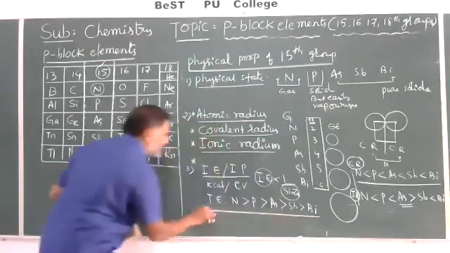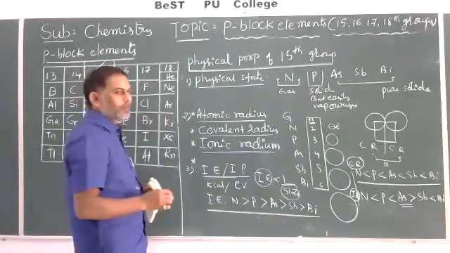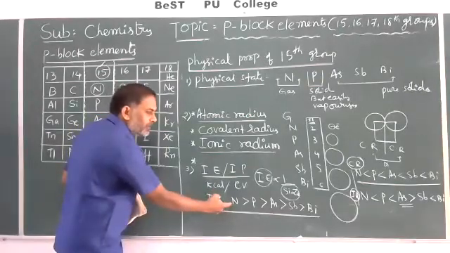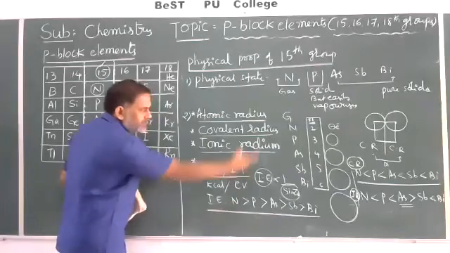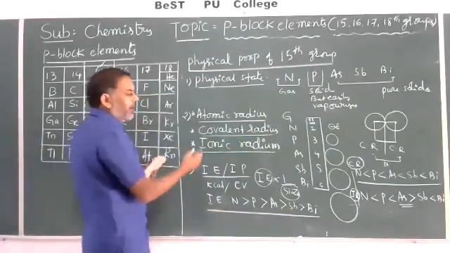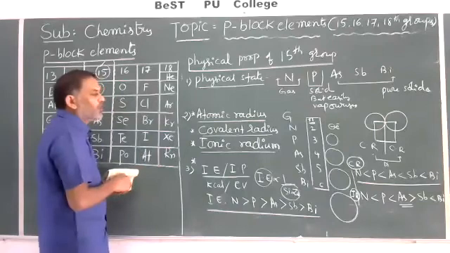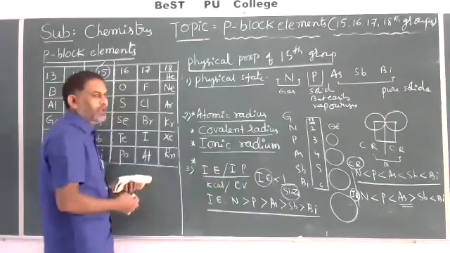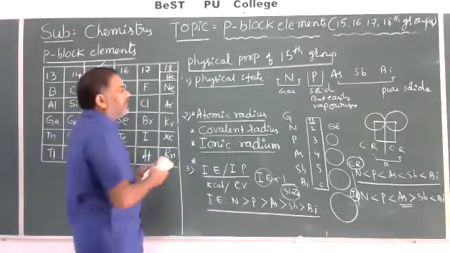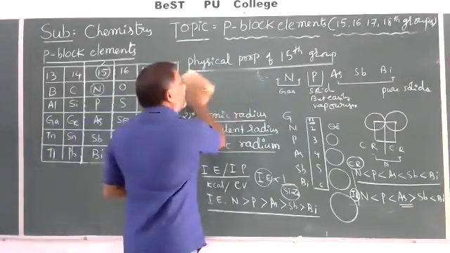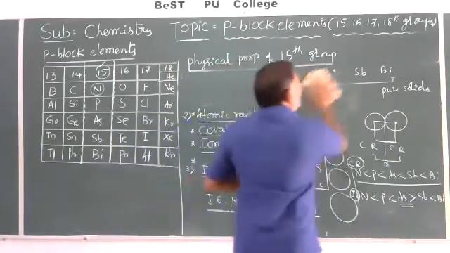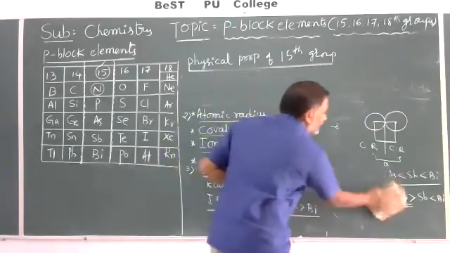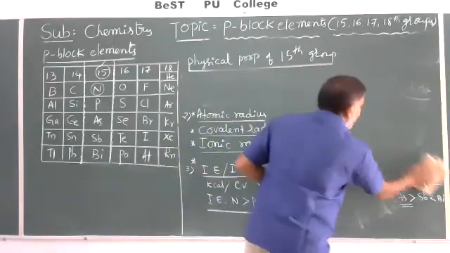So ionization energy is more for nitrogen. When ionization energy is more, size is less, based on the atomic or ionic size or covalent radius. Then after ionization energy and ionization potential comes electronegativity. We know electronegativity is the property of an element present in a molecule which has the capacity to attract the shared pair of electrons towards itself.